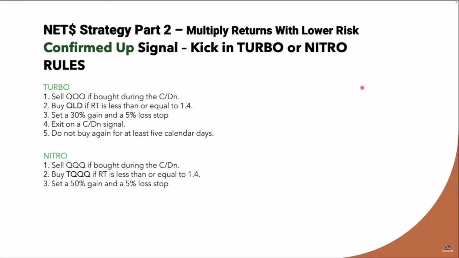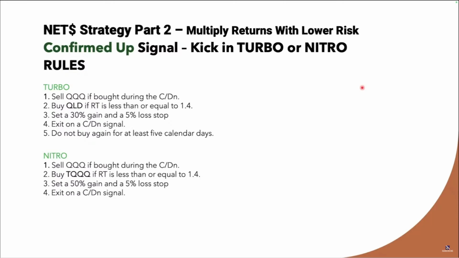And then there's a 5% stop loss. So I'm really being conservative, I think, on the losses as well. A 30% gain to a 5% loss, so I'm looking for a 6 times gain versus my risk, and I'm looking for 10 times with Nitro. So yeah, I'm being pretty hopeful, but I'm setting my hopes high.